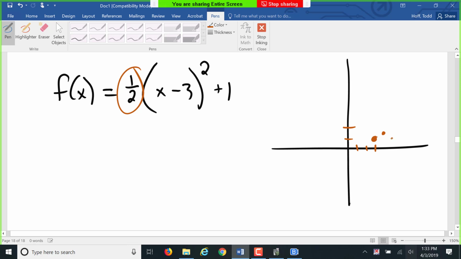If we go over 2, 2 squared is 4. 4 times 1/2 is 2. If we go over 3, 3 squared is 9. 9 times 1/2 is 4.5. So we go up 1, 2, 3, 4, 4.5 is right there. Notice this is a much wider parabola. So over 1, up 1/2, over 2, up 2, over 3, up 4.5. Like that.